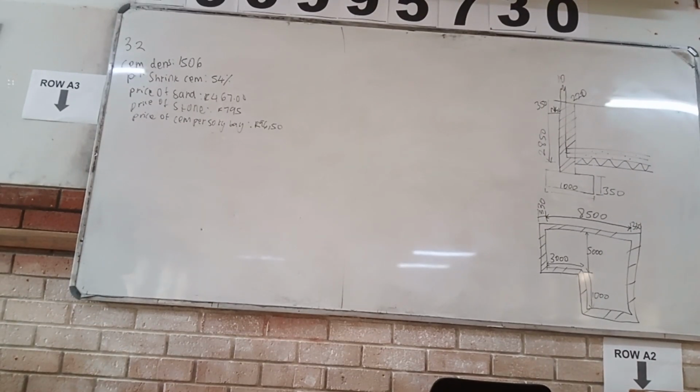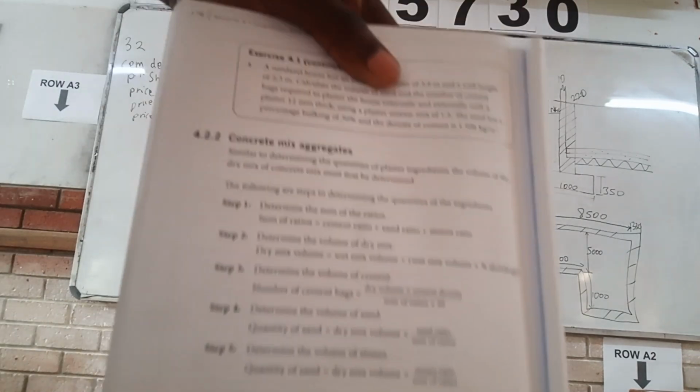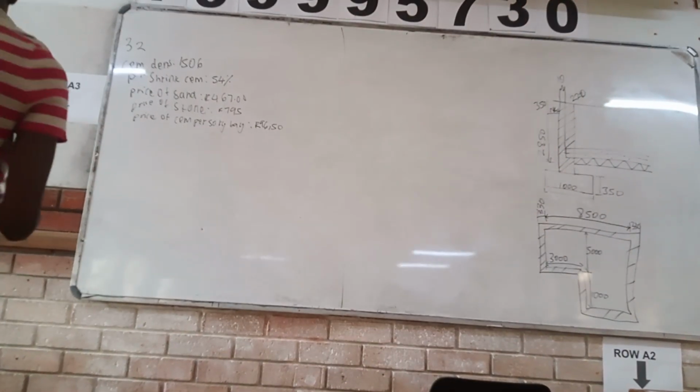So how do we calculate 3.2? We go to page 176, where we'll get the formulas to calculate 3.2.